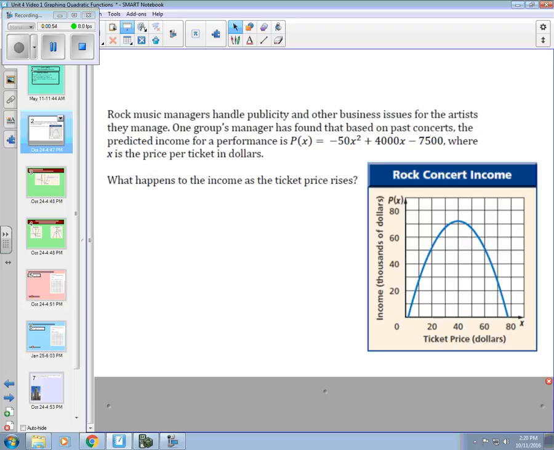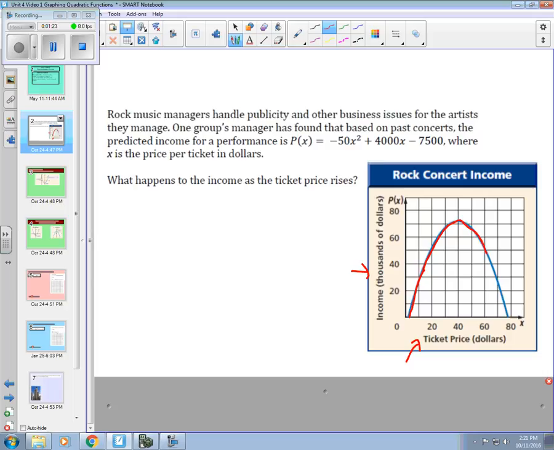Well, you can see from the graph over here, here's the ticket price down here. Here's the income. Initially, as you raise ticket prices, you see an increase in the income. But at some point, when the ticket price gets too high, then actually less people buy it because they probably don't want to spend more money, and the income actually starts going back down.